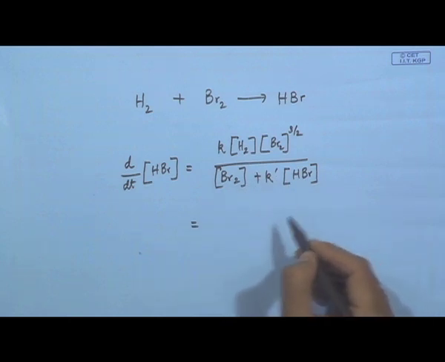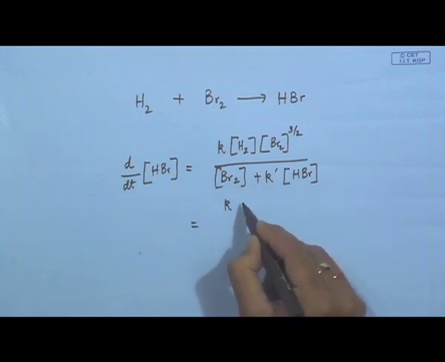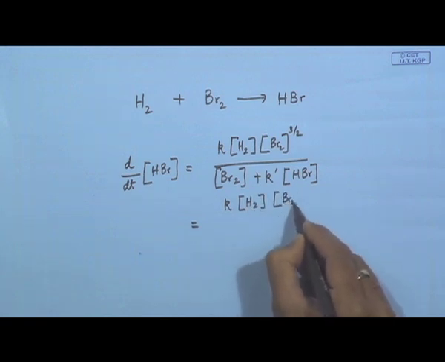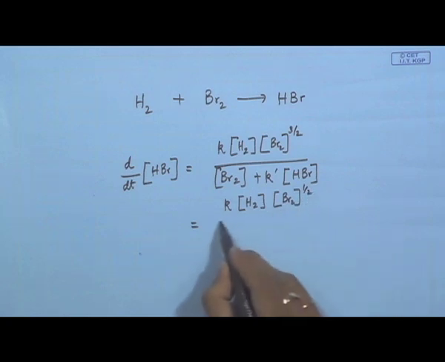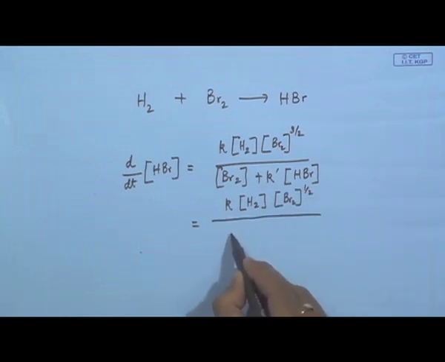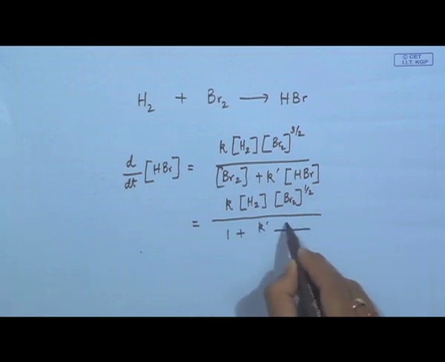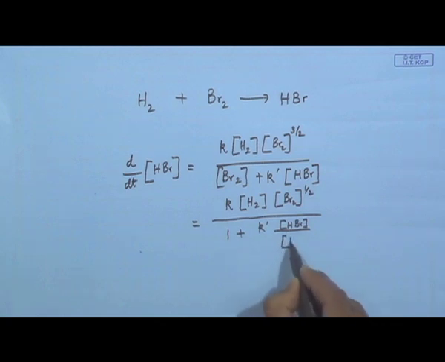If you rearrange it, then k into [H2] then [Br2] to the power half, divided by 1 plus k primed into concentration of HBr divided by concentration of Br2.